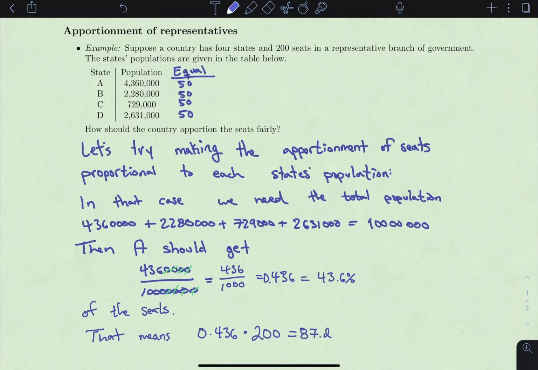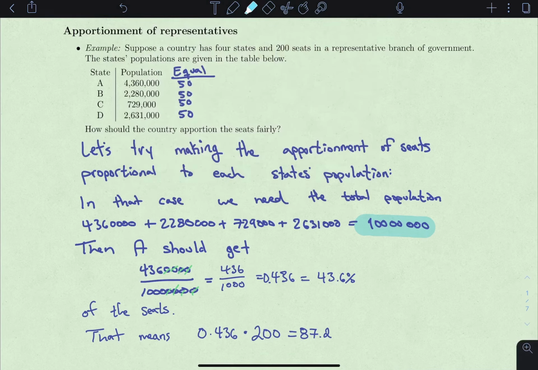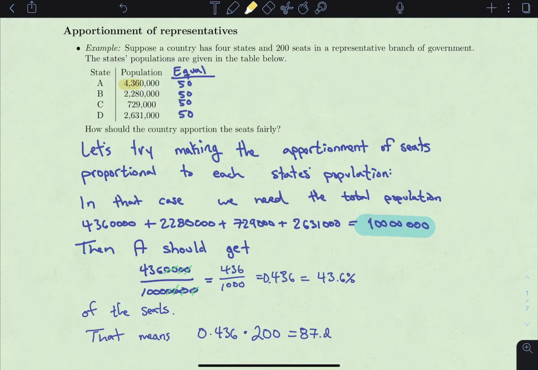And so we can follow the similar pattern for B, C, and D. Note that since we had such a simple total population, the calculation of the percentages is relatively simple. The 43.6%, you can just read off from the front of the A's 4,360,000. Those are the same because the total population was a power of 10.